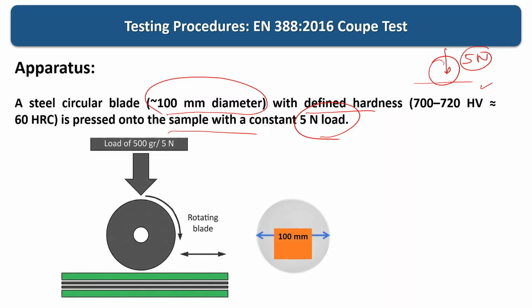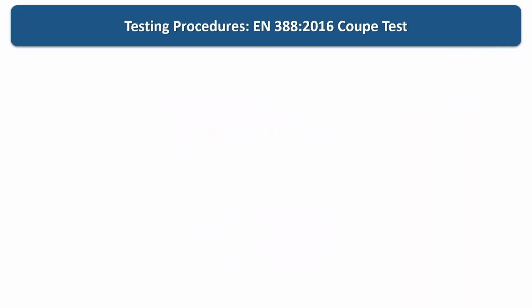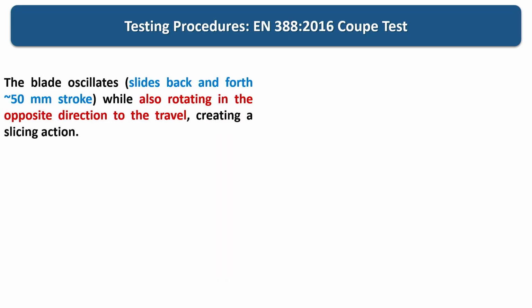Then there is a rotation. The 100 millimeter diameter blade will rotate, and during rotation it will also make a to and fro, back and forth motion, but the material is fixed. The blade oscillates, sliding back and forth.